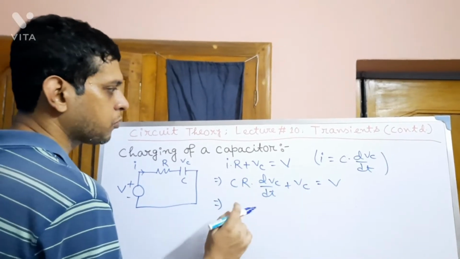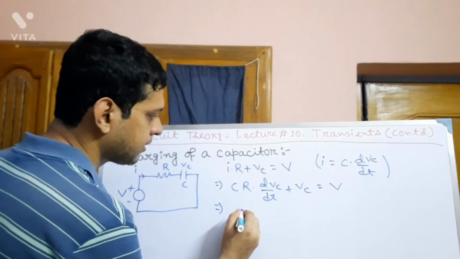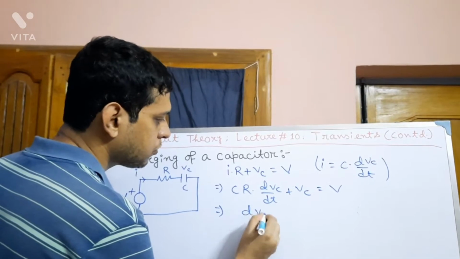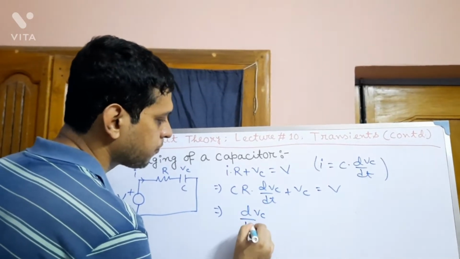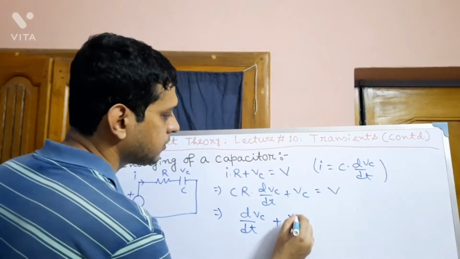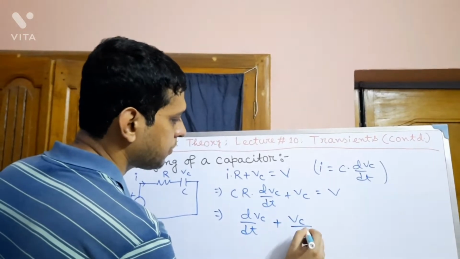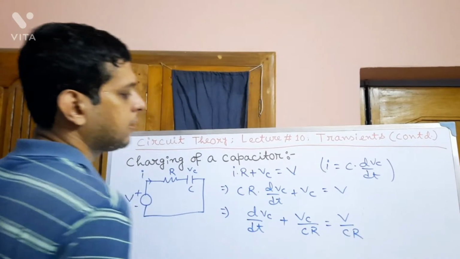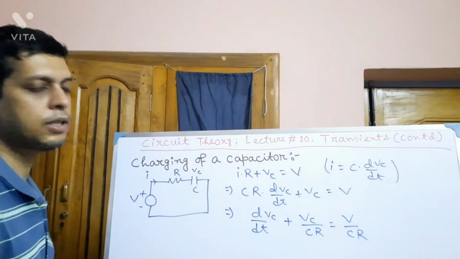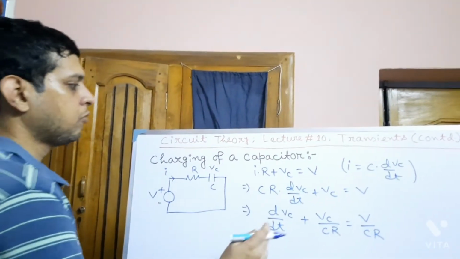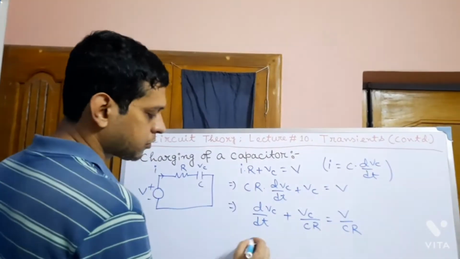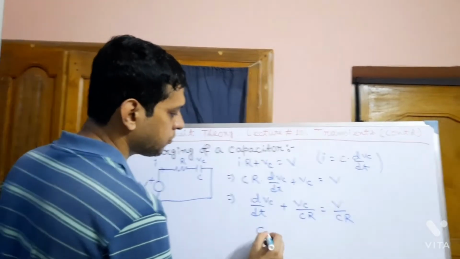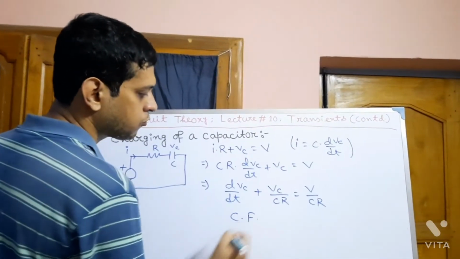Let us divide both sides by CR. So the equation becomes dVc/dt plus Vc by CR equal to V by CR. Now this is a first order differential equation, and the solution of this first order differential equation has two parts.